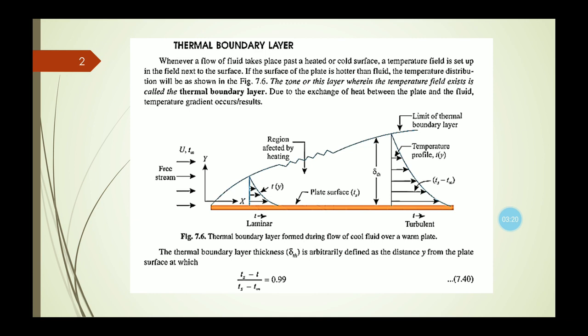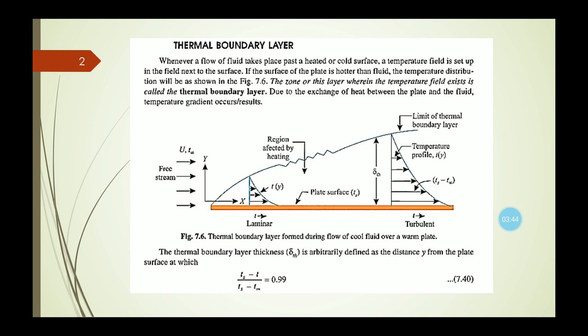So here our considered plate surface is warm or hotter, and the fluid which is flowing is cooler or colder compared to the considered plate. So in that case the temperature distribution is given here inside the thermal boundary layer.